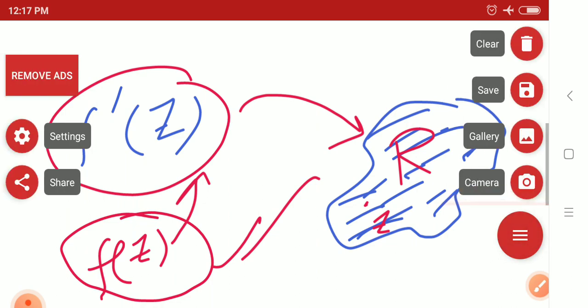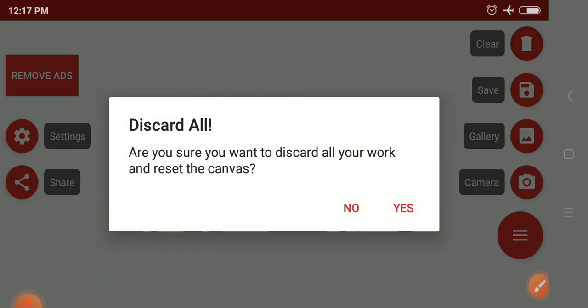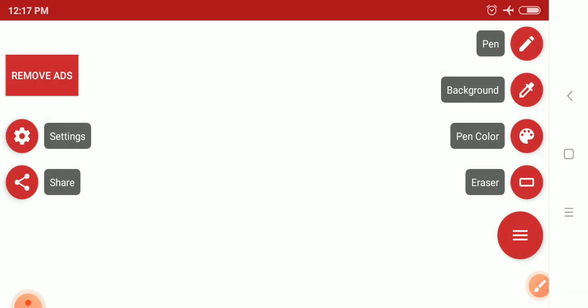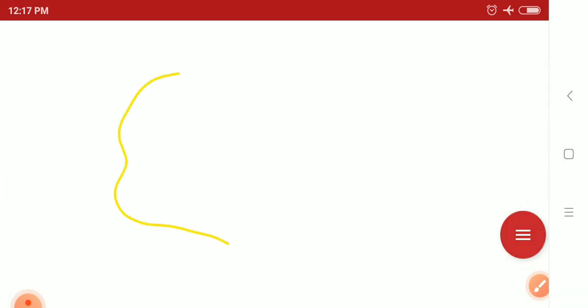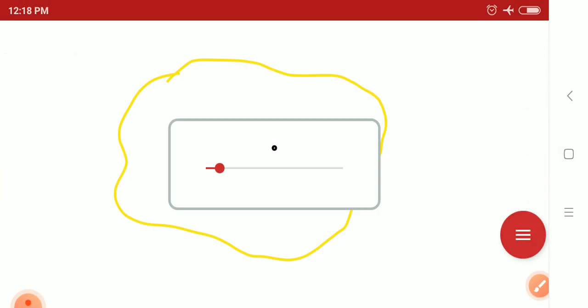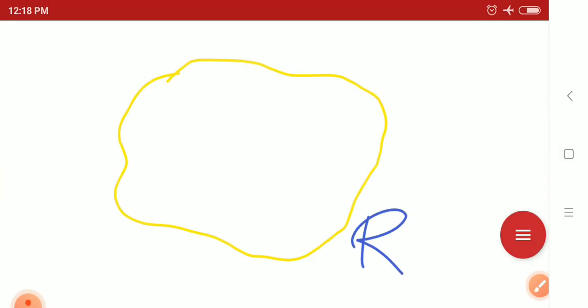That means, suppose you have a region. Let me describe it very clearly. All points in this region, there are so many points here.